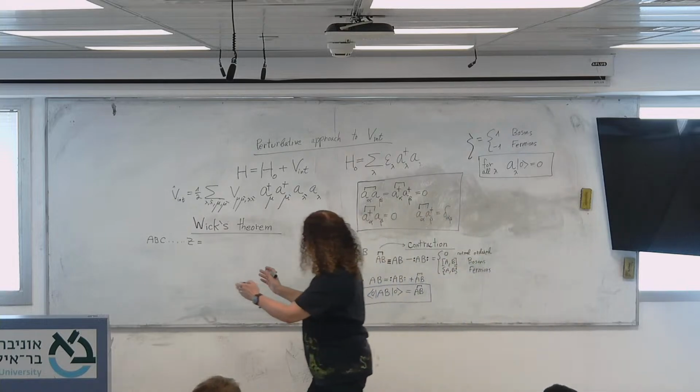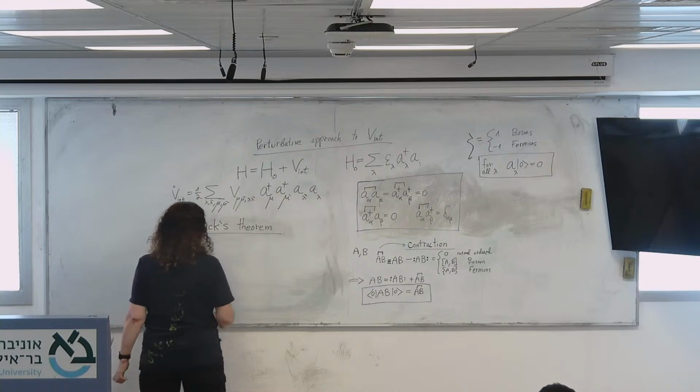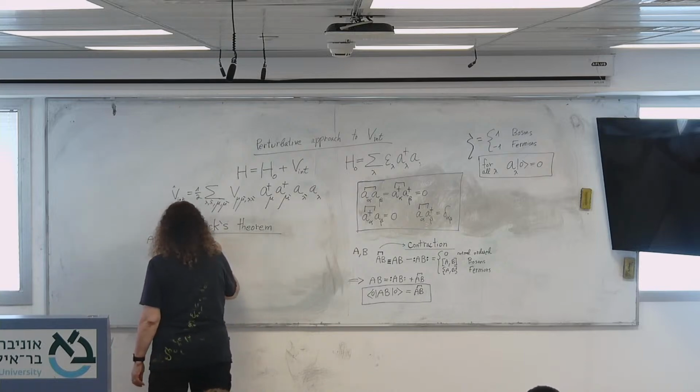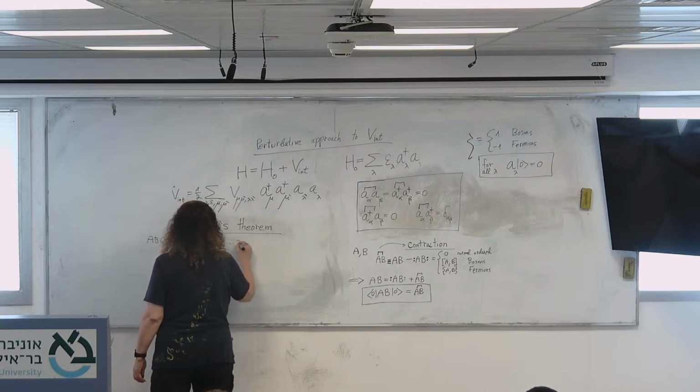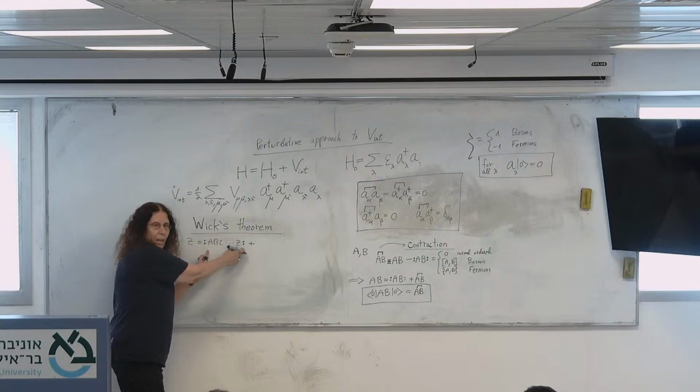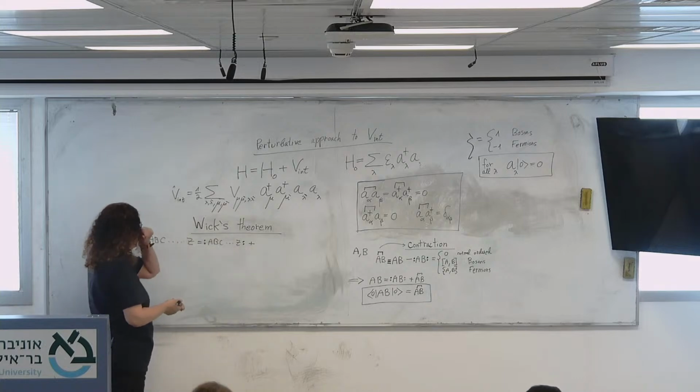For a longer string of operators, what I have is, first of all, the normal order, plus, and this is the part that will definitely give me 0 in the vacuum expectation value.